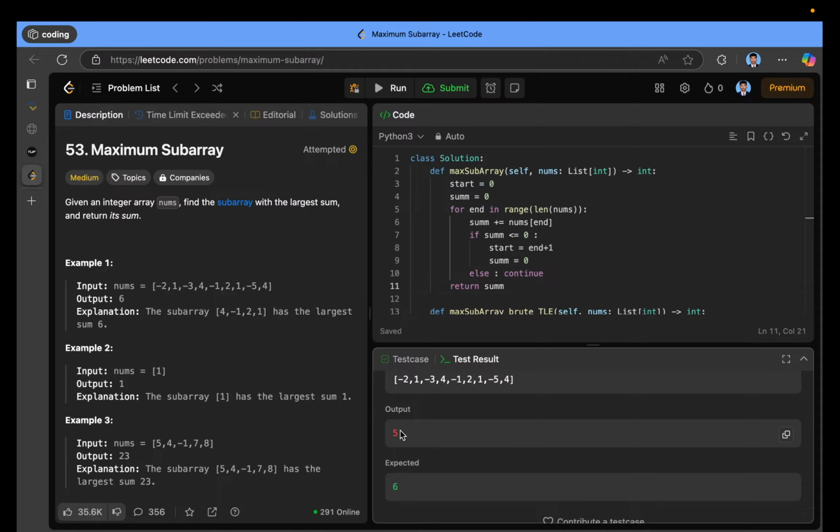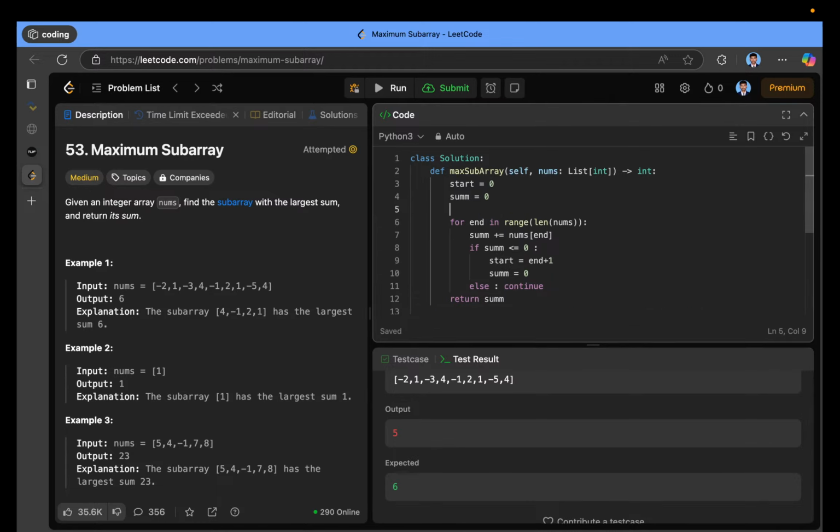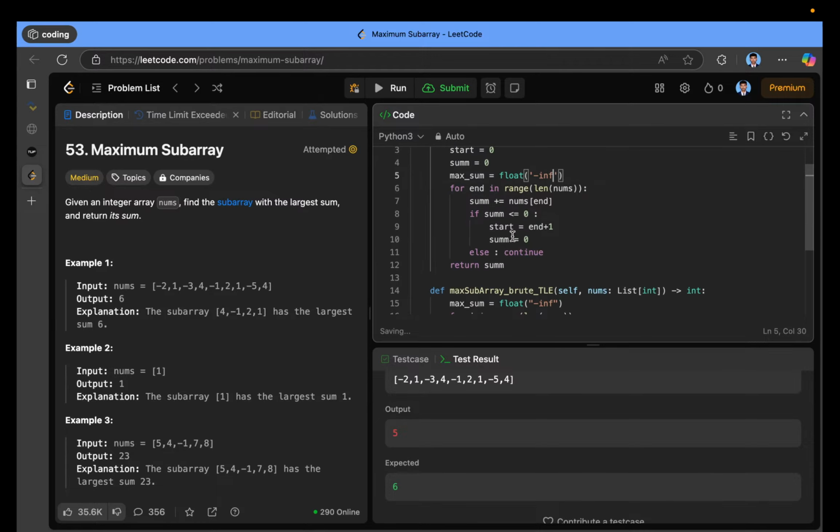Oh, okay. I am getting the sum, but not the max sum. Okay, sum equals to, let's make it float minus inf. Here, whatever I do, I don't care. After this, let's find the max.